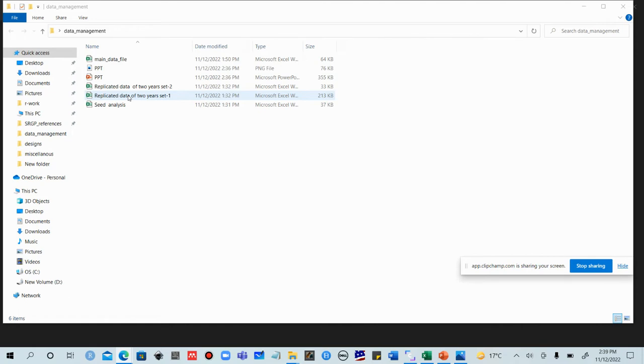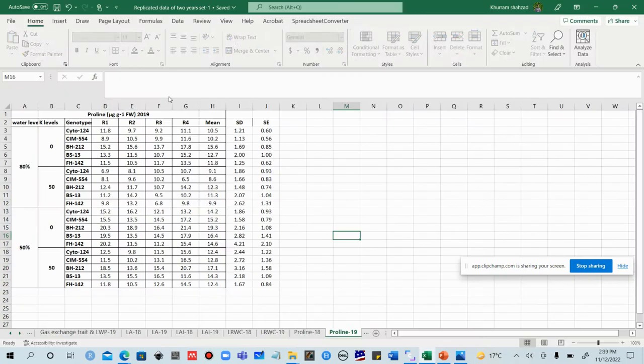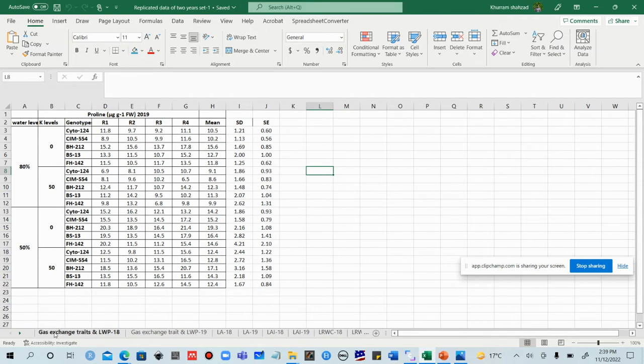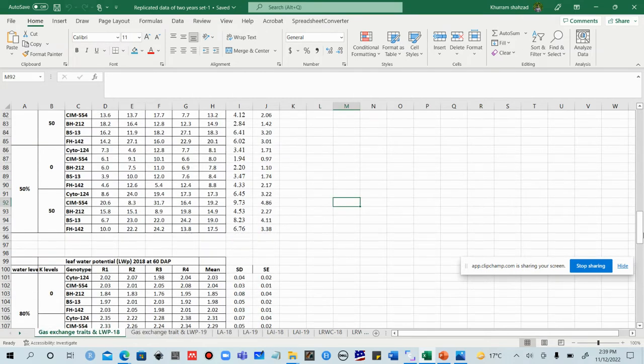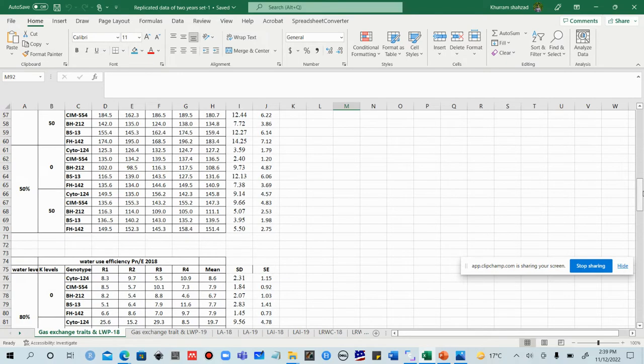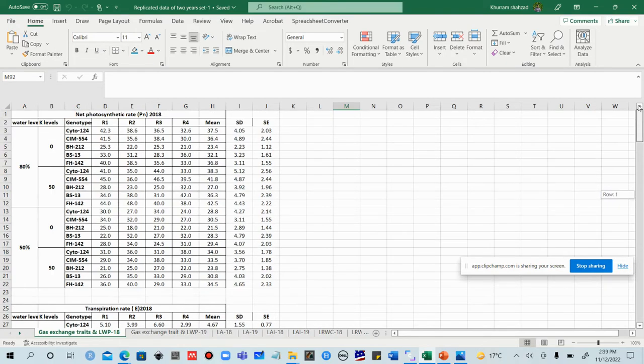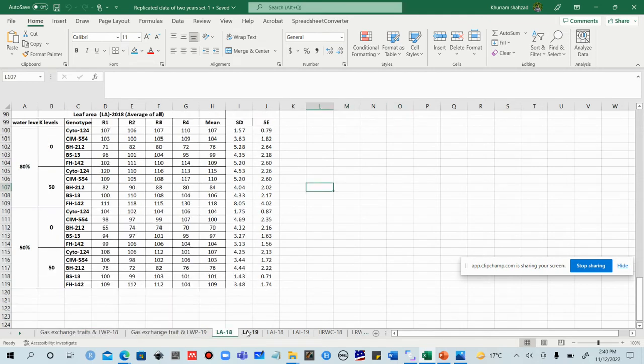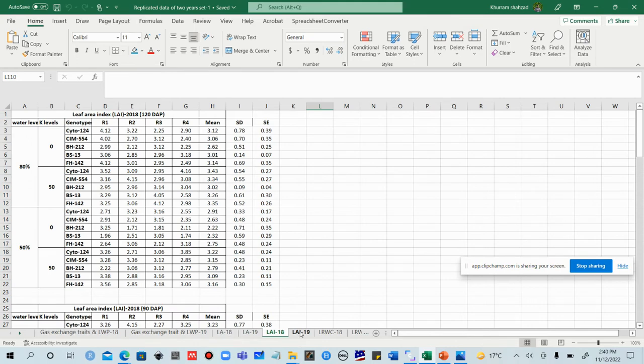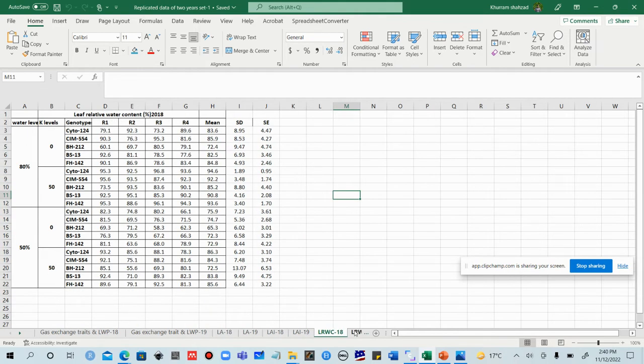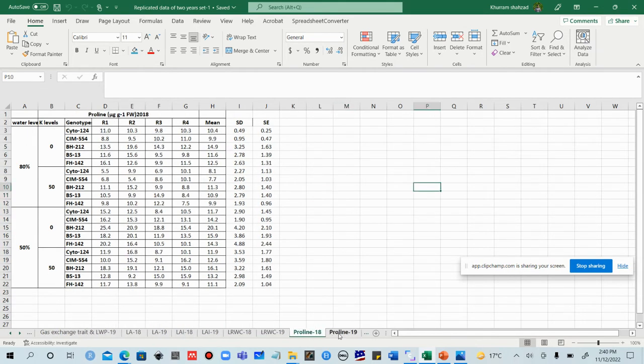Now I show you the second file. You can see that he has put the data of his parameters. These also contain multiple sheets, and every sheet contains data.